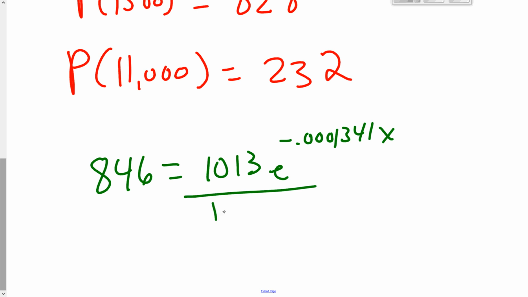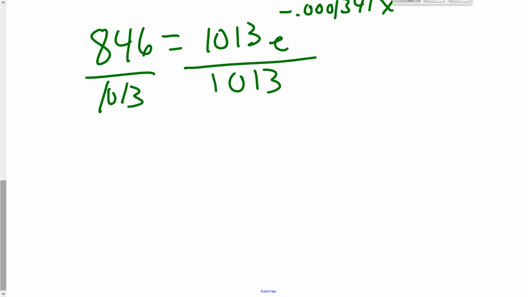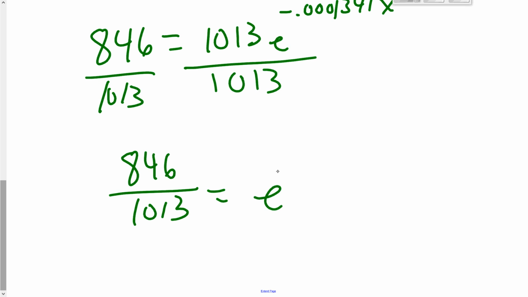So now I divide by 1013, 846 divided by 1013. I get a decimal that goes on, so I'm going to hold this answer in my calculator. It's e raised to the negative 0.0001341x. Then I can switch this to a logarithm.